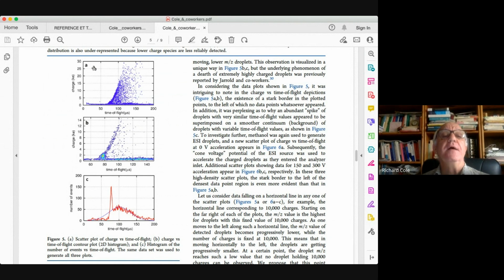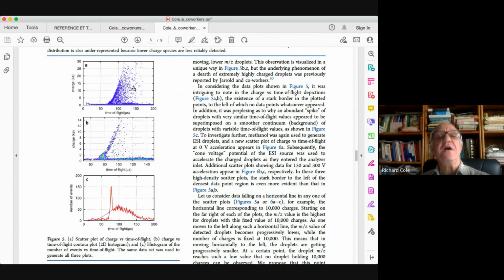You can see here that we're measuring species up to, this is one droplet that holds 30,000 charges. Each point represents an individual droplet measurement. We thought, we've got a lot of activity, here is the density map. We got a lot of activity down here.